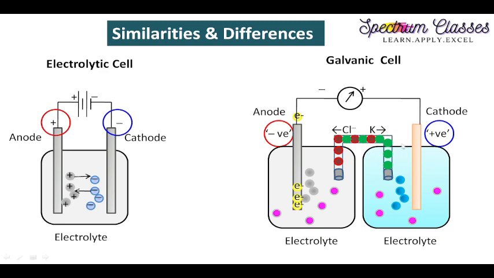I hope you understand this concept of electrolytic cells and their mechanism, their similarities and differences, and you are also aware of the electrode potential and EMF of the cell. These are very important, along with some basic terminology used here.